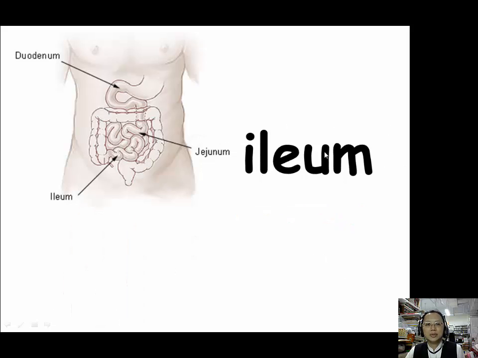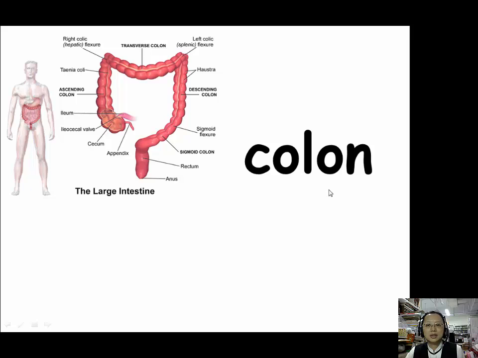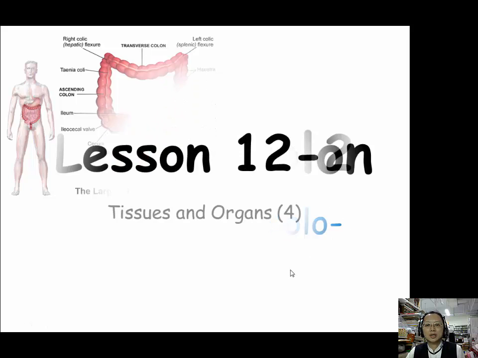And ileum, also small intestine, we have ileo, I-L-E-O. And appendix, which is this part, we have appendico, A-P-P-E-N-D-I-C-O. For colon, we have colo, C-O-L-O.